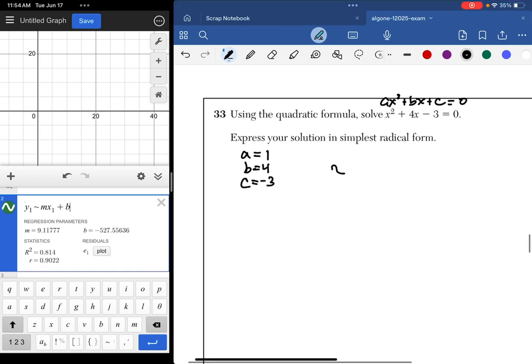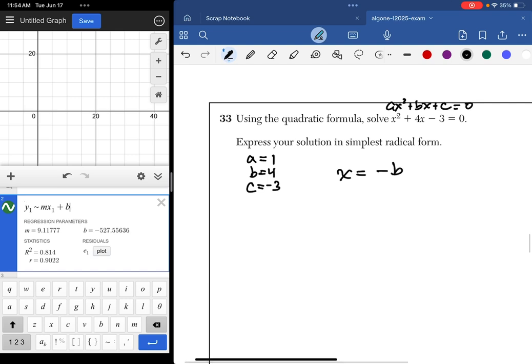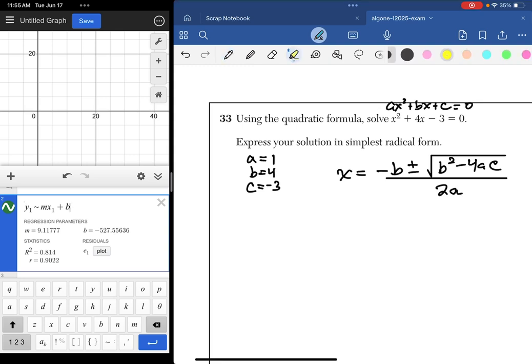Then you have your quadratic formula, x equals -b plus or minus the square root of b squared minus 4ac, all over 2a. Substitution time.